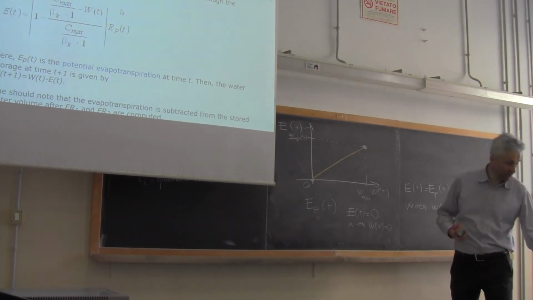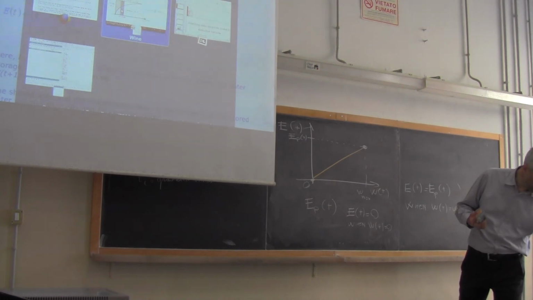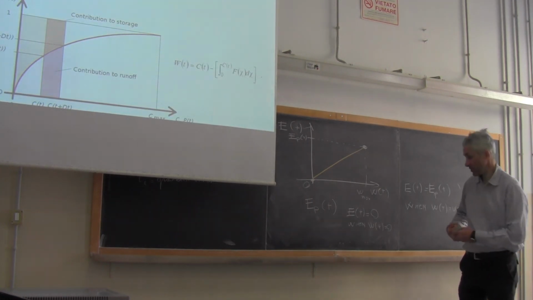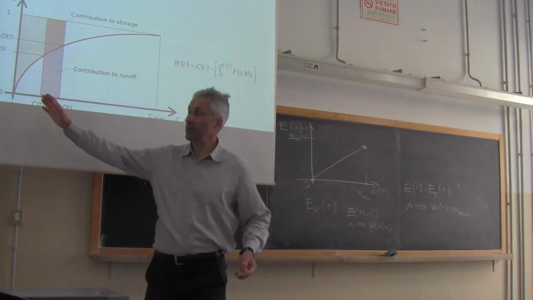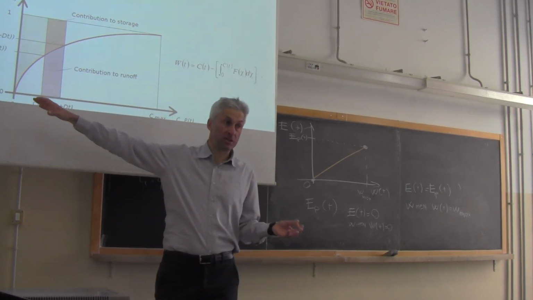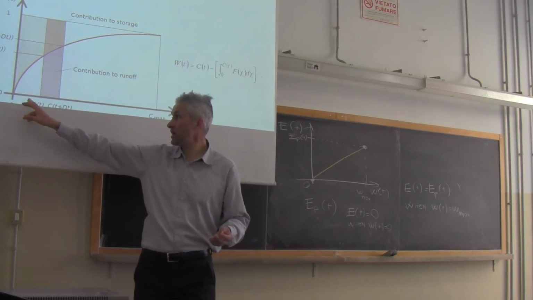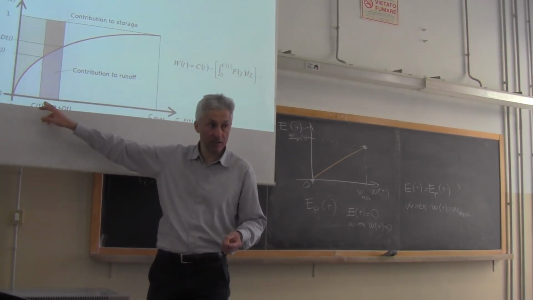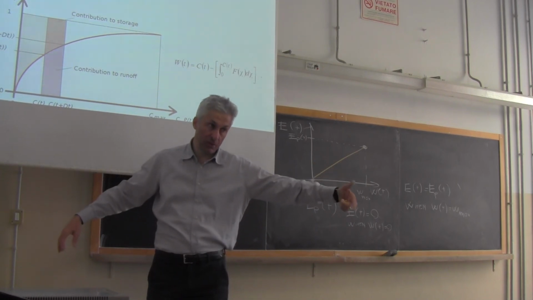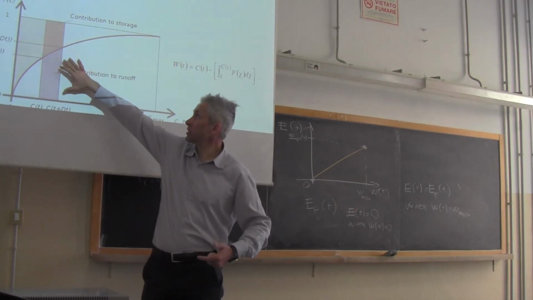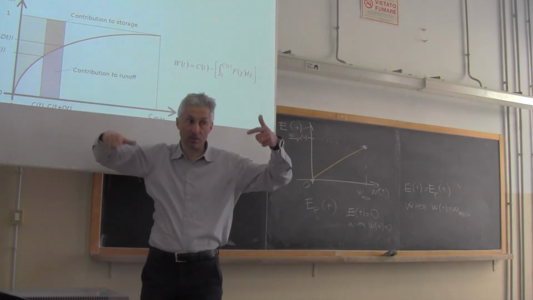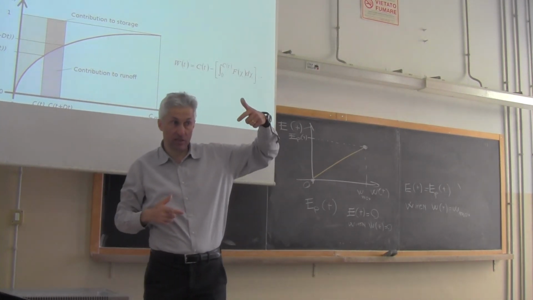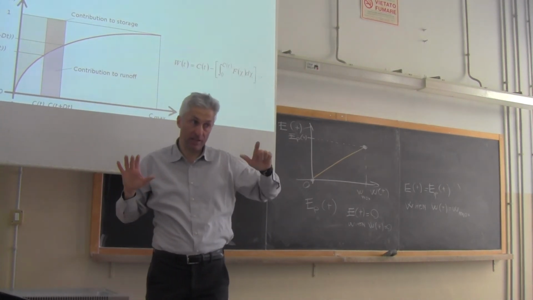And let me bring you back to this curve. This curve was depicted by assuming that I have only rain, no evapotranspiration. So at each time step, I increase CT by rainfall, and I compute the contribution to runoff and storage. I increase the storage in the catchment at each time step. Okay, this is fine.